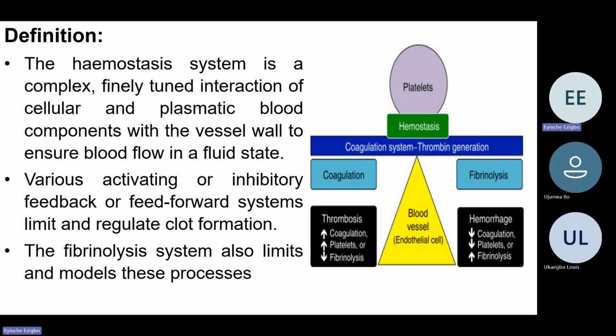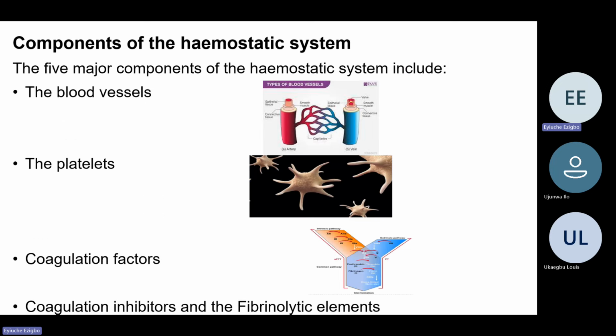Okay, so the hemostatic system comprises all the systems that are involved in the interaction of the cellular components, such as the platelets that are involved in coagulation, and the plasmic blood components, that is the factors that are also involved in blood clotting, with the vessel wall to ensure blood flow in a fluid state. Okay, so that is what we have as the definition of the hemostatic system.